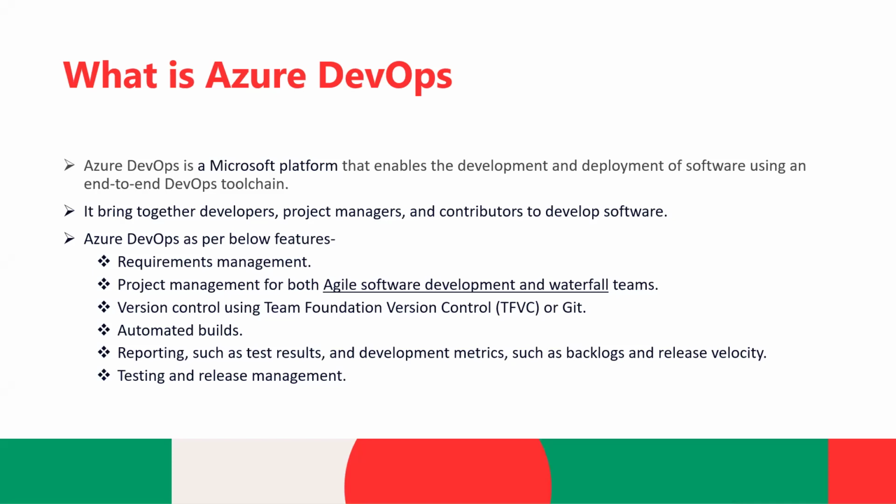If you are working on your local system, but you are not pushing your changes to some centralized location, it's hard for the other developers to know what you are developing. There might be a chance, let's say in one week you have done some development, and when you try to consolidate all the code, there will be conflicts and lots of other things, right? So you need a centralized place where you can store the code. In Azure DevOps, we can create a repository branch.